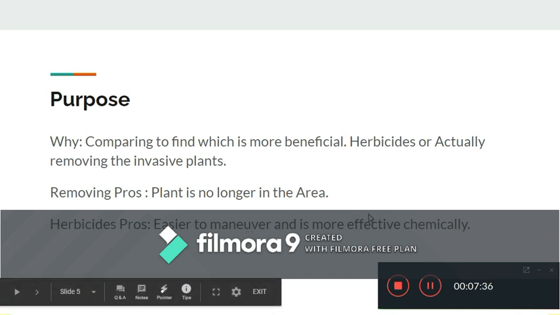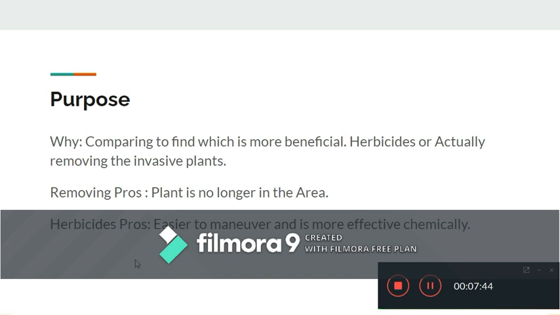That is true. It affects the plant's growing feature, so sometimes it slows its growing process. It can kill the plant over time. So it would probably be a little more beneficial in stopping the plant growth, and removing the plant would probably do the same as well. Those are both pros.